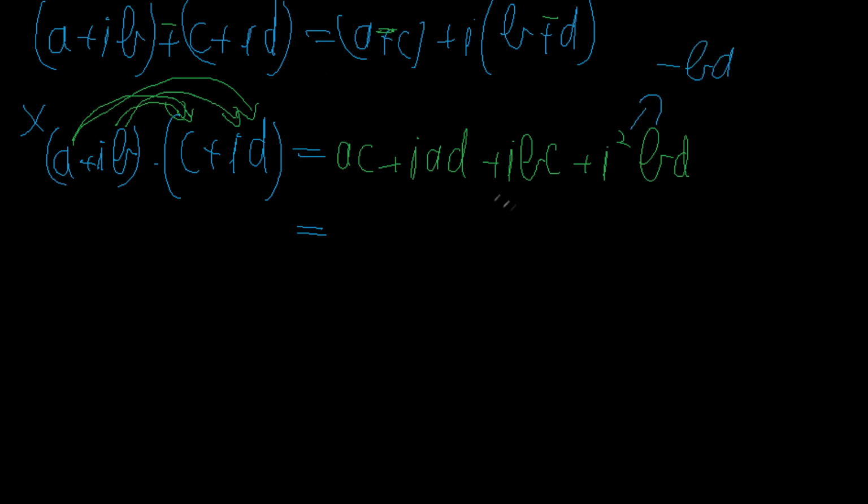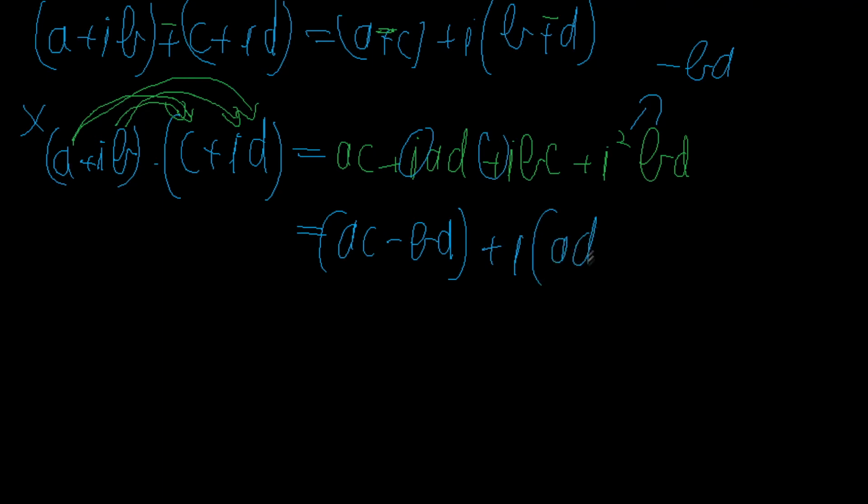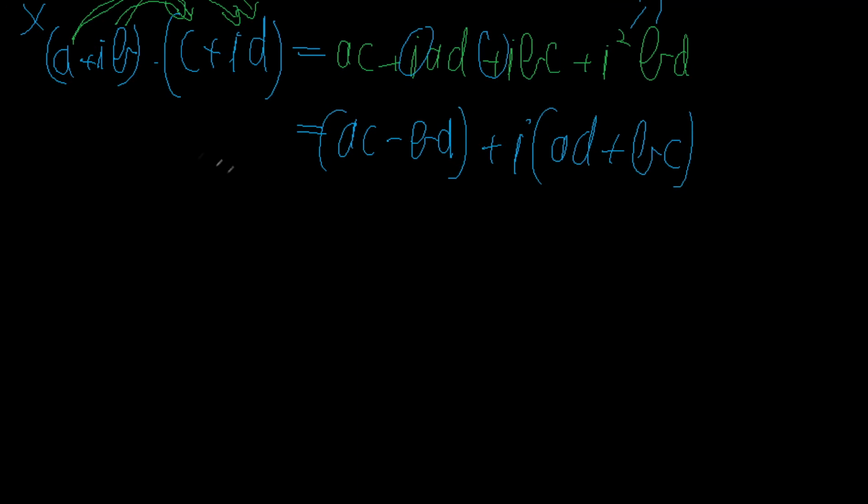So now in a whole, we'll have ac minus bd, plus i times ad plus bc. And it's still a complex number. Now, of course, if ad plus bc equals 0, you have a real number. That's just some cases.